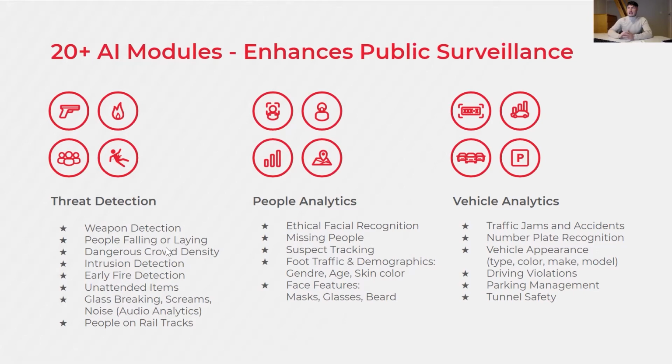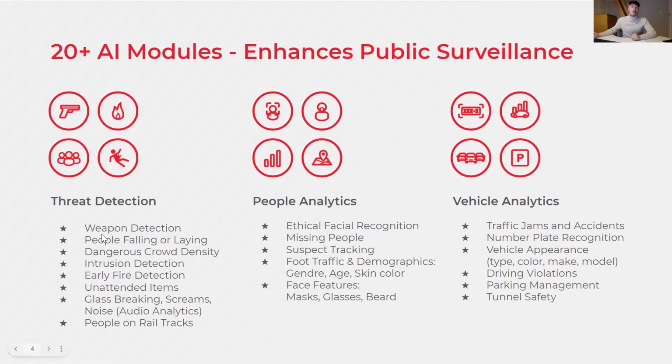For now, I like to put them in 3 different categories for what you can do once you connect to a surveillance camera. Exhibit A is threat detection, B, people analytics, and C, vehicle analytics. First and foremost, once you connect to the surveillance camera, you can do threat detection.